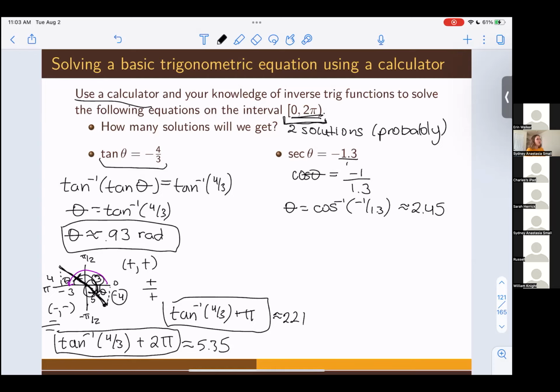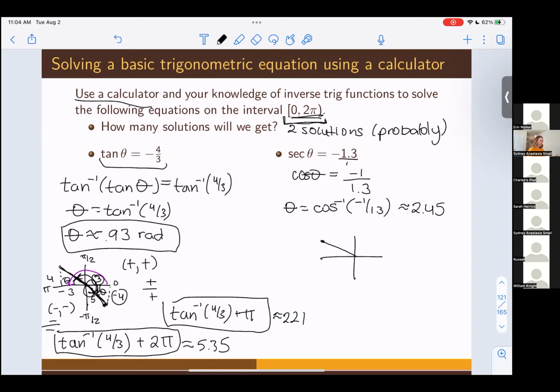Okay, 2.45 is like that. We're working with a negative value here. So cosine is negative in the second quadrant. So we know we're working with an angle over here. Because we're working with a negative value in here, our cosine is going to be negative.